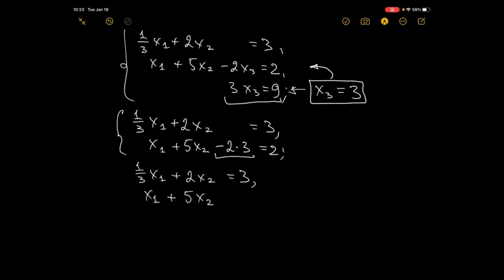This is minus 6. If I bring it to the right-hand side, it will be plus 6, right? Or if you like, you can say that you're adding 6 to the left-hand side and right-hand side. Then it will cancel with these, and here it will be 8.